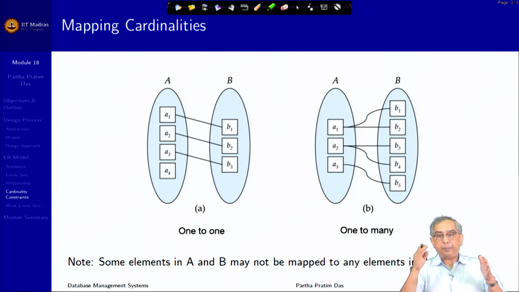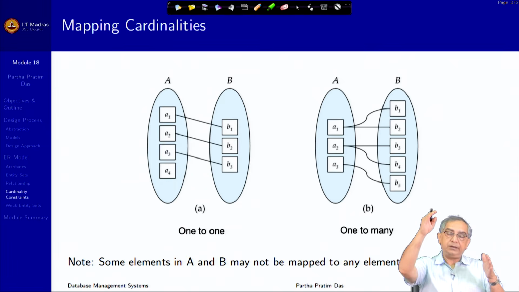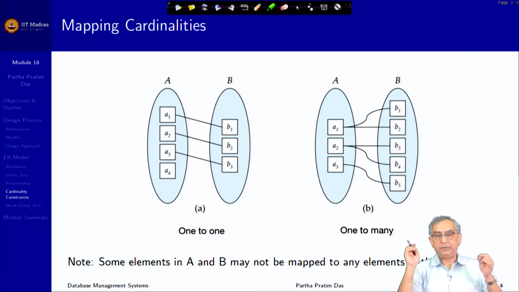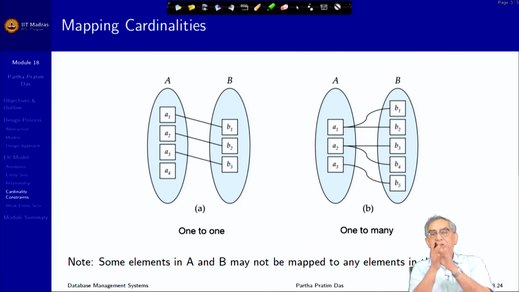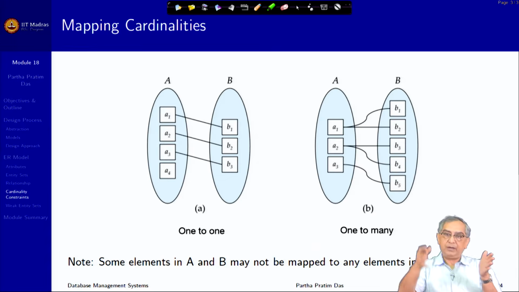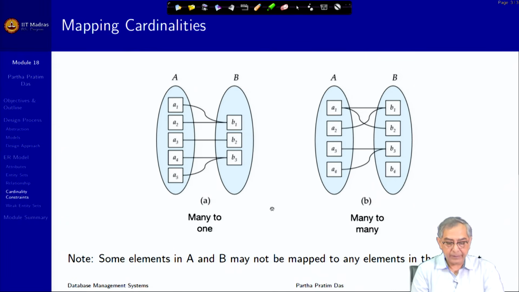Now, a child has a unique father, but a father may have multiple children, right. So, it is one to many, from the father to the child. One father may have multiple children, but every child will have a unique father, it is like that.